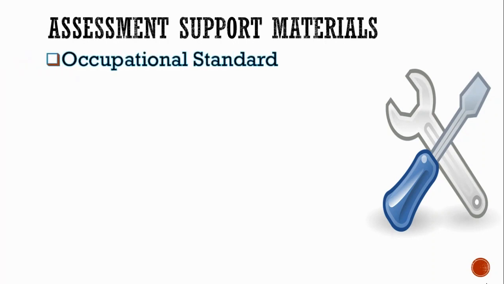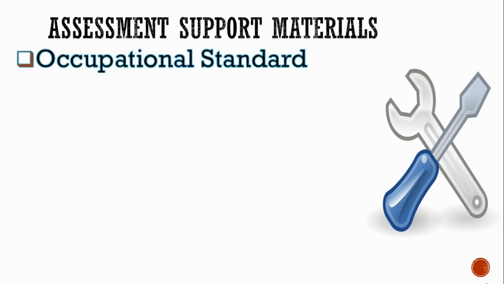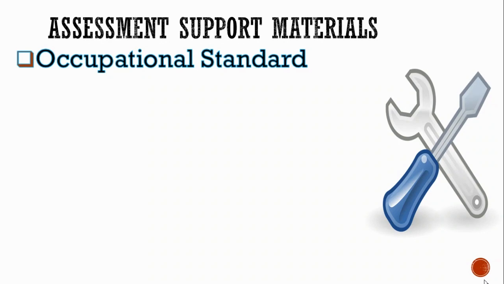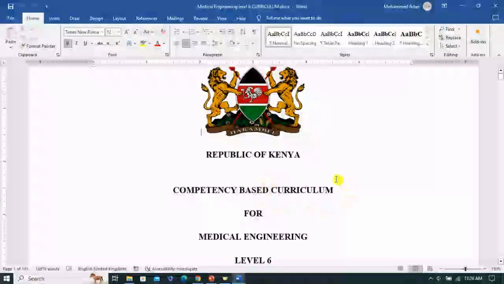So what are these assessment support materials? One is, at the time you're developing assessment tools, you need to have an occupational standard. And we did talk about occupational standard, and we will be looking at the specific areas of our interest when it comes to developing assessment tools. To supplement that, you also need a curriculum.